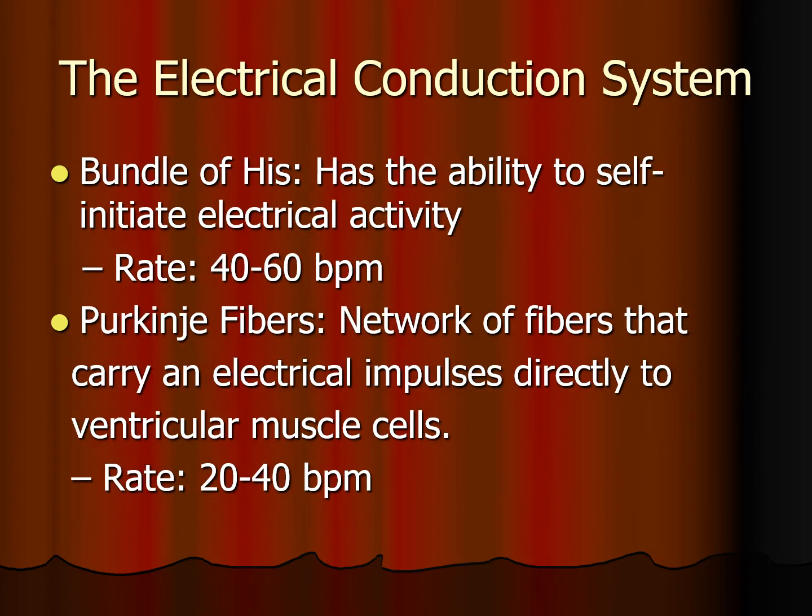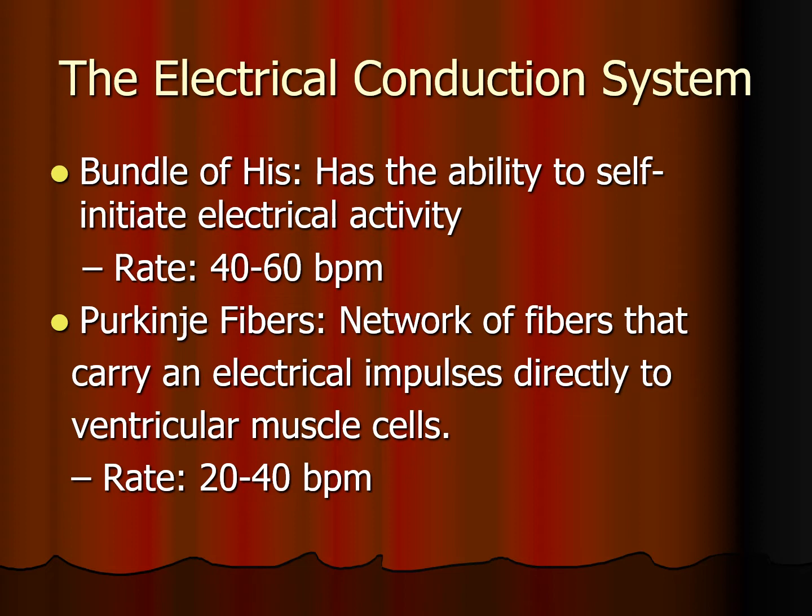The bundle of His, again, every cell in the heart can make its own pace, which is why we get into problems later on when things take over that aren't supposed to be in control. So the intrinsic rate of the bundle of His is 40 to 60.